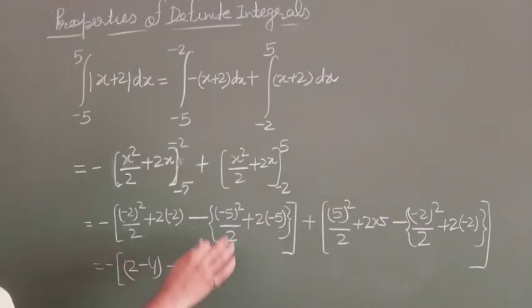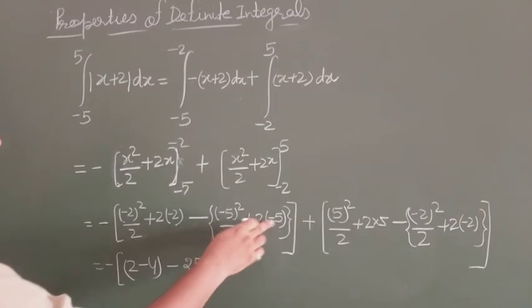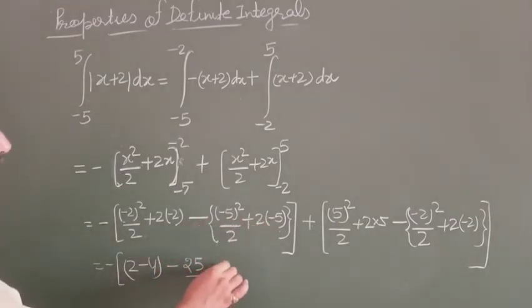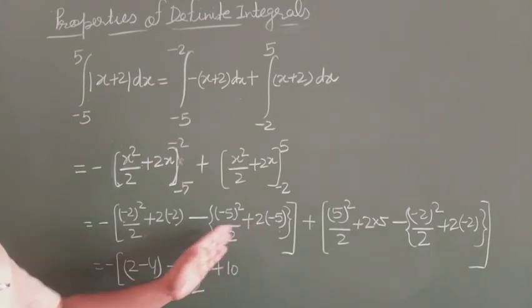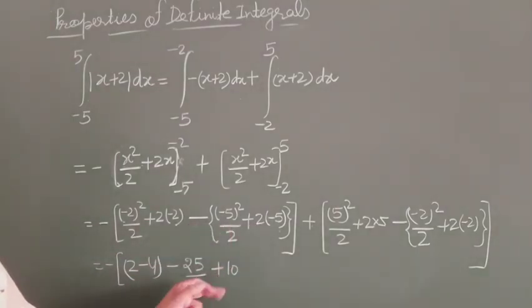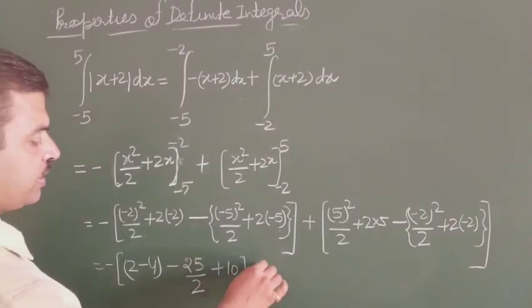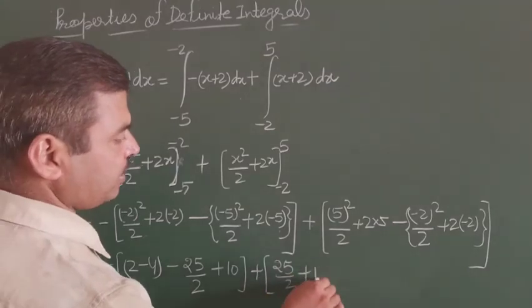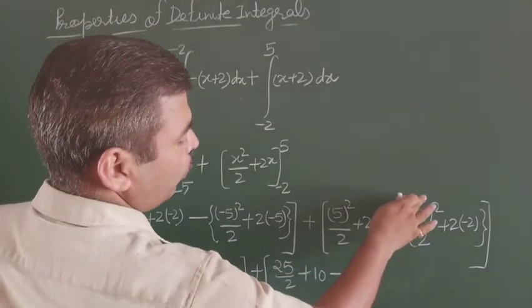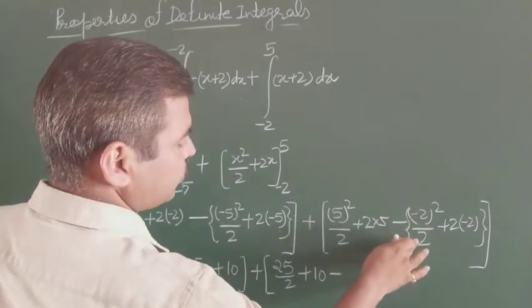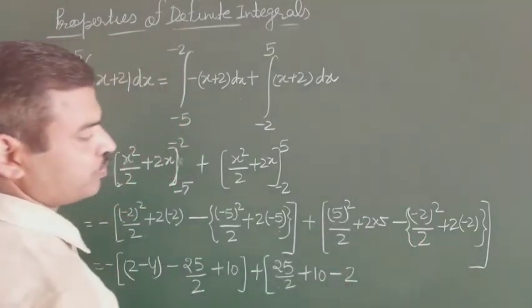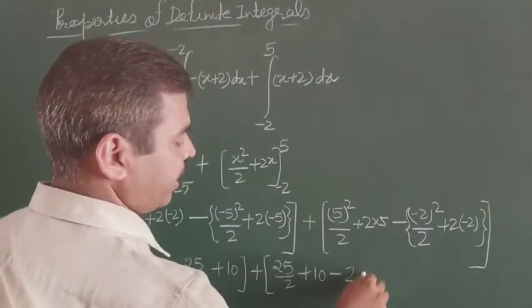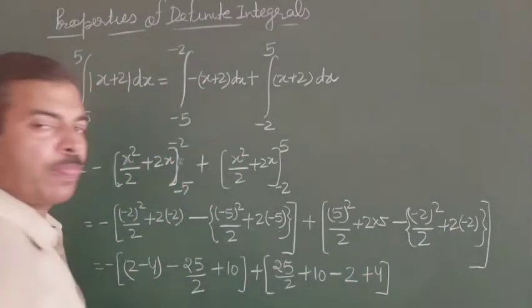Minus 25 upon 2: outside minus, then it will be negative. It is minus 10: outside minus, then it will become positive. Plus 25 upon 2 plus 10, minus 4 upon 2, answer 2. Outside minus becomes negative, it is minus 4. Outside minus becomes positive. Correct?